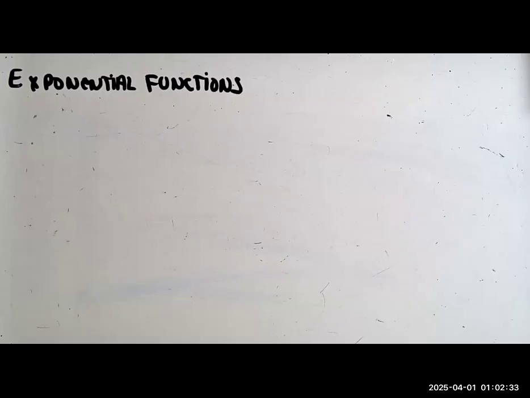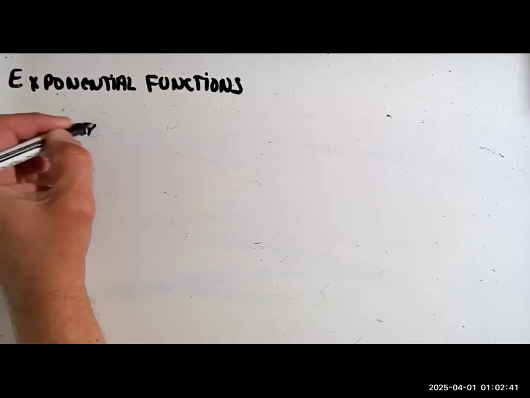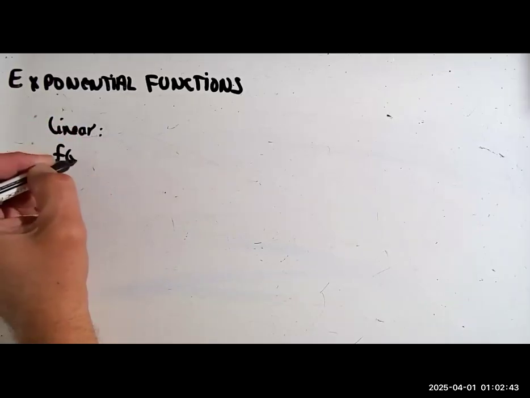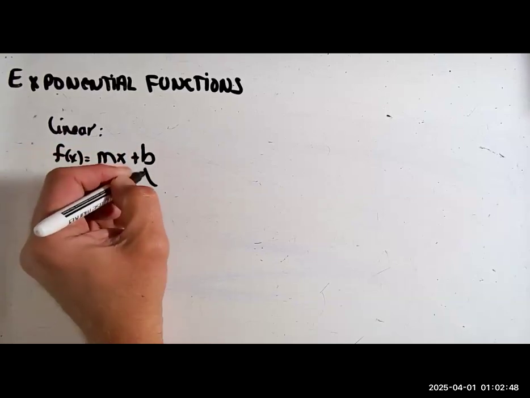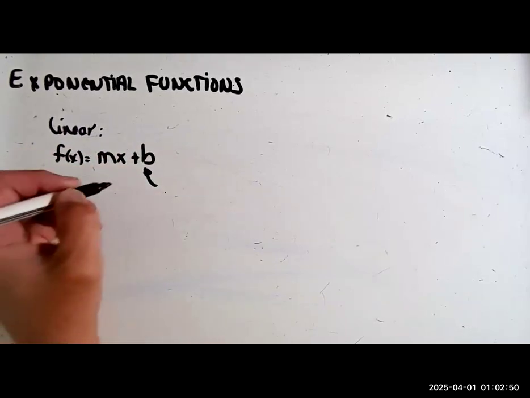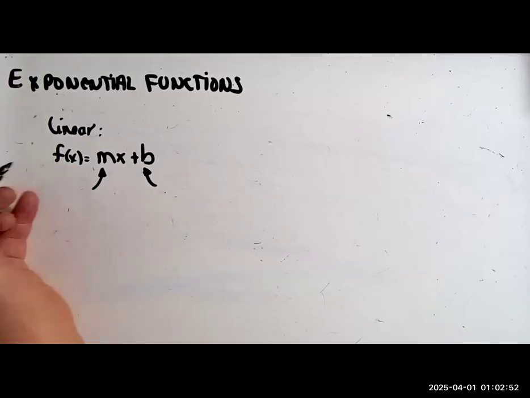Weird, right? But anyway, a linear function is of the form mx plus b. B is the initial value, and m is your rate of change, the slope.